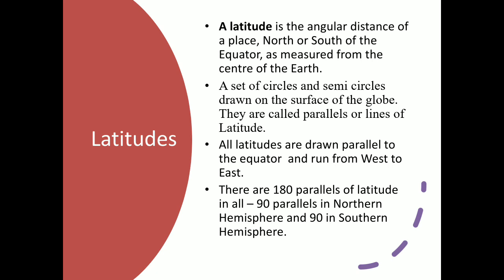All latitudes are drawn parallel to the equator and run from west to east. This is the speciality, that latitudes are always drawn parallel to the equator, and run from west to east. There are 180 parallels of latitude in all, 90 parallels in the northern hemisphere and 90 in the southern hemisphere.